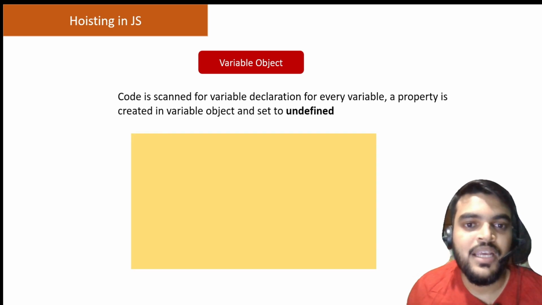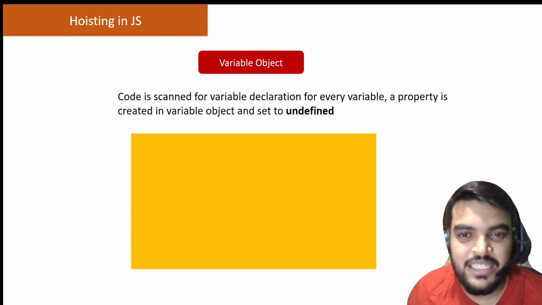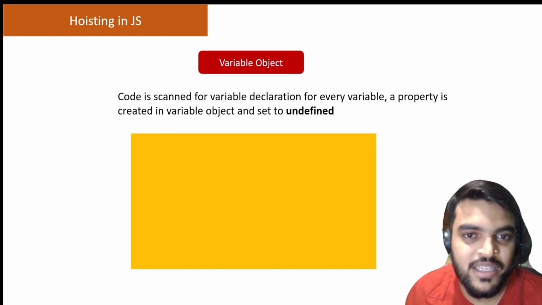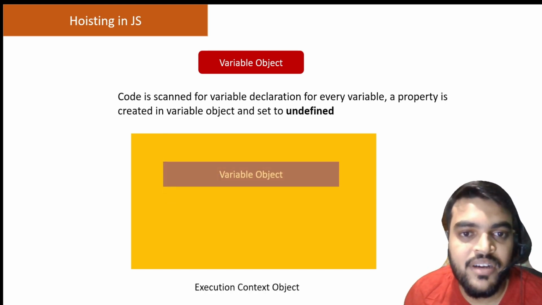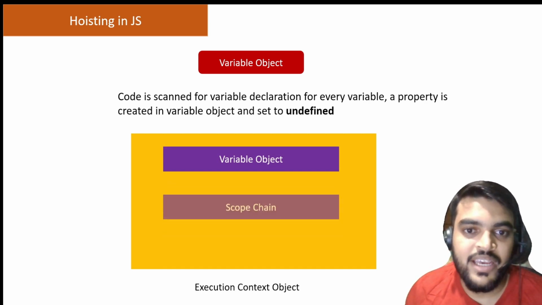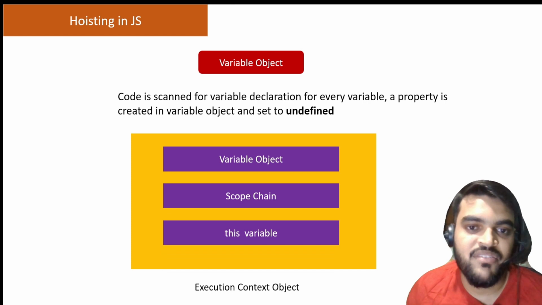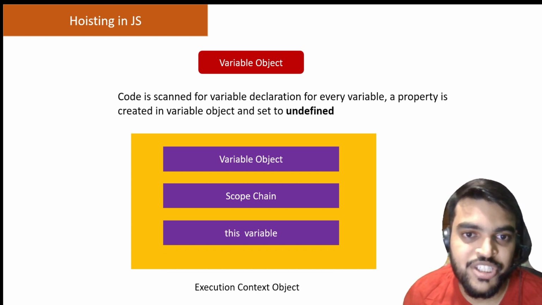Now, let's say you consider this as my execution context. As I mentioned, the execution context is nothing but an environment, a container where I have my code, variables, and scope. Here I have my variable object as one property, then I have the scope chain, and I have the this keyword. These three are the properties that lie under the execution context.